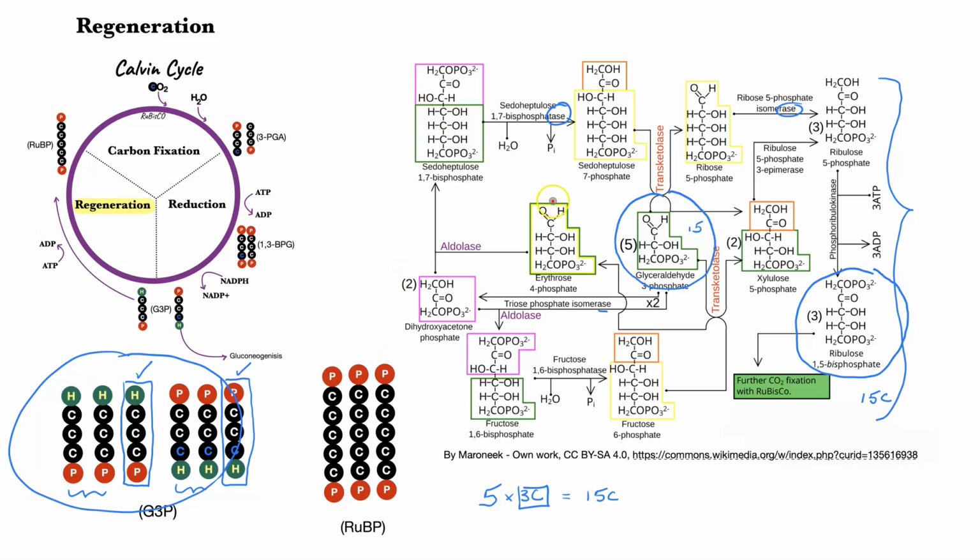So it's important that you understand that regeneration is nothing more than a complex set of reactions where some of the G3Ps come together to reproduce the ribulose 1,5-bisphosphate. I'm not going to test you on how we do that, and some courses could, but understand it's a metabolic set of reactions. Let's go on and look at the overview now.